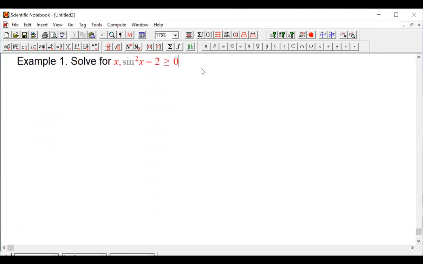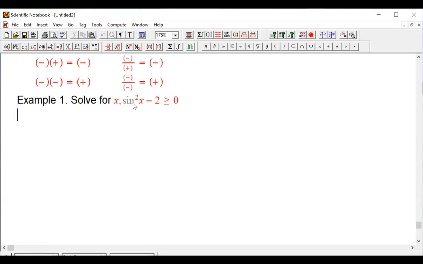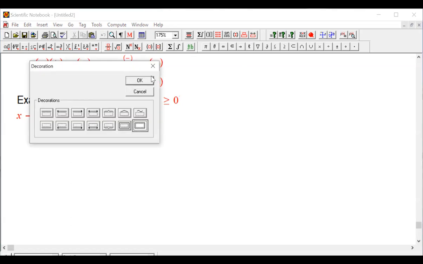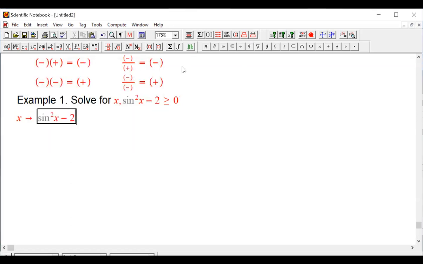We already have 0 on the right-hand side. From a function's perspective, we have a function, this expression, which produces an output, and we want the output to be positive or 0.